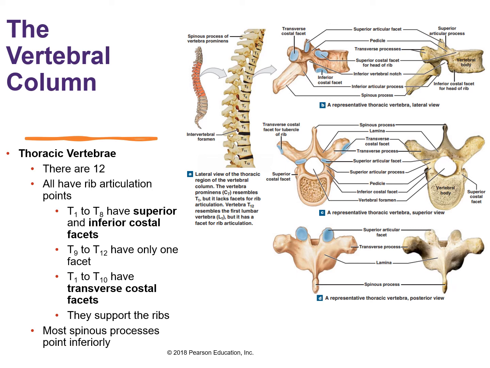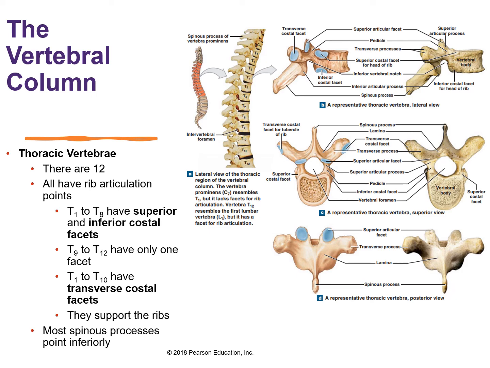Each thoracic vertebra articulates with ribs along the dorsolateral surfaces of the body. Thoracic vertebrae T1 to T8 have superior and inferior costal facets as they articulate with two pairs of ribs, and vertebrae T9 to T12 have only a single costal facet on each side.